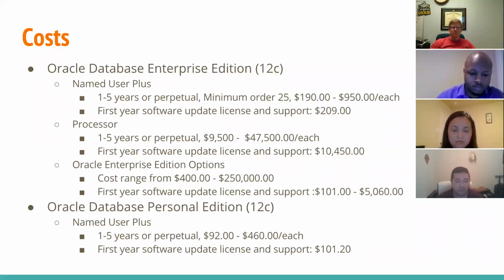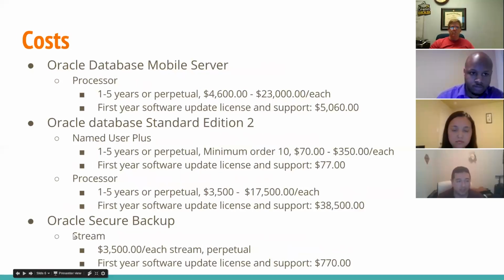And the first year software update license and support costs $101.20. The Oracle Database Mobile Server Processor costs run from about $4,600 to $23,000 for each processor.